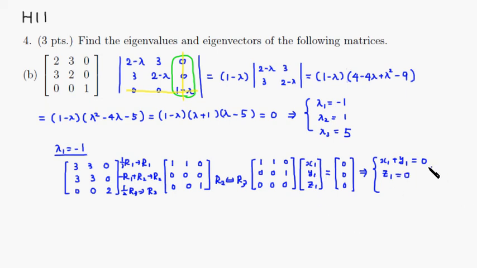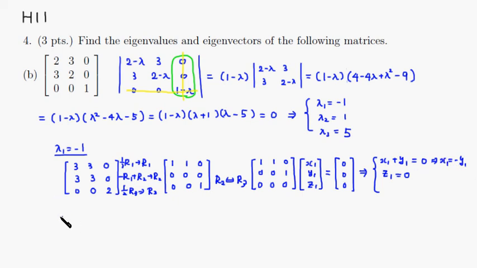From the top equation, x1 has to be the negative of y1. Those are the only conditions we need to satisfy: the z component has to be 0, and the x component has to be the negative of the y component.